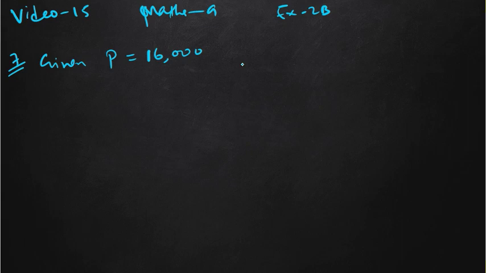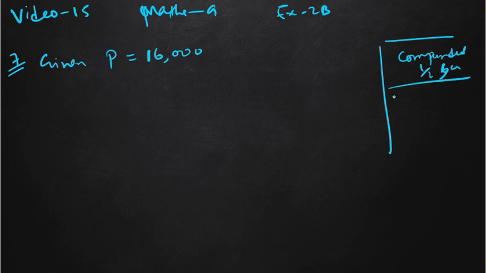So note that in question number 1 to 6 all was compounded annually, but in question number 7 compounded half yearly, and we have learned that if it is compounded half yearly then principal will remain same. Okay, but the rate, if r percent per annum, then for half yearly we have to take r by 2, and for time we have to multiply time.